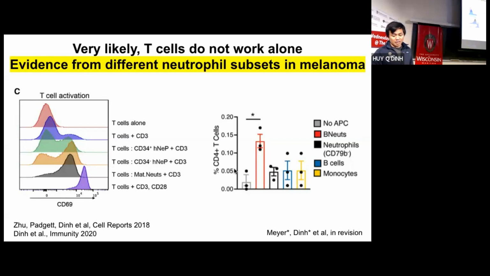However, we discovered another subset as well. It could be new here, and they are able to stimulate T cells. So within a myeloid cell type we call neutrophil, there are both pro- and anti-tumoral subsets, and they work with T cells to modulate how the tumor microenvironment is going to respond to the treatment.